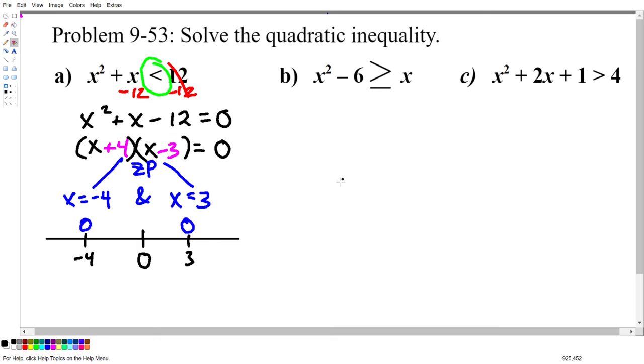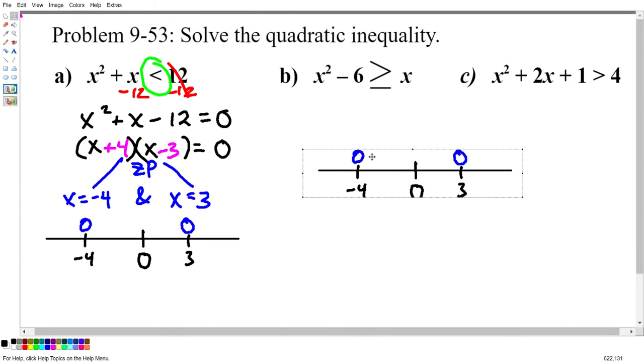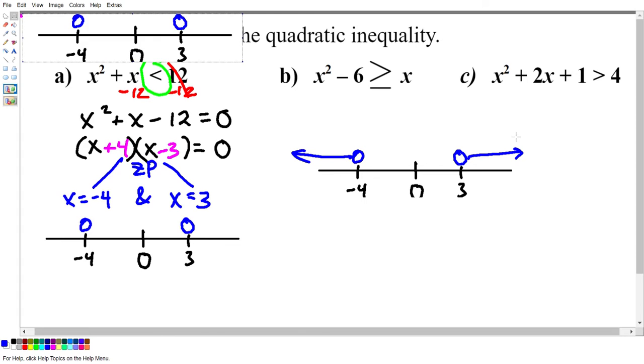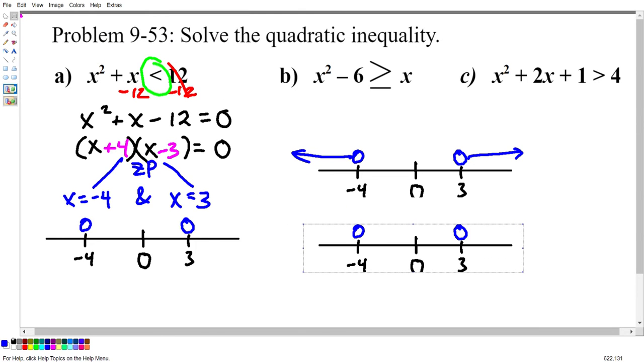All right, next up, I need to decide whether my solutions, and I'll copy paste this here for a second, I have to decide if the solution is going to look like this, where the solutions are on the outsides, or if my solution is going to look like this, where my solutions are on the inside.